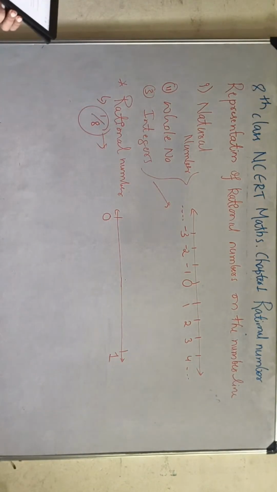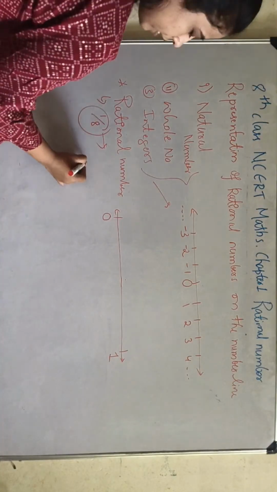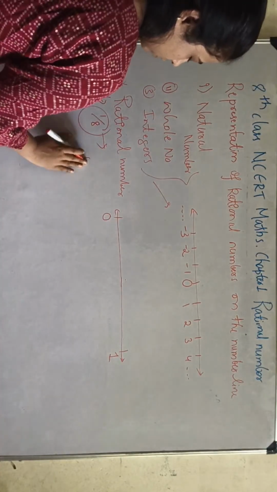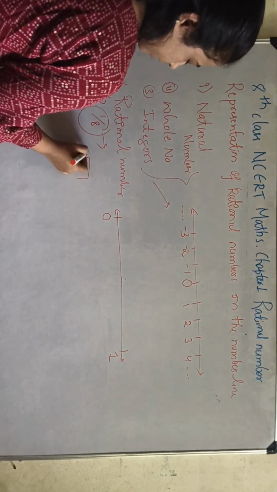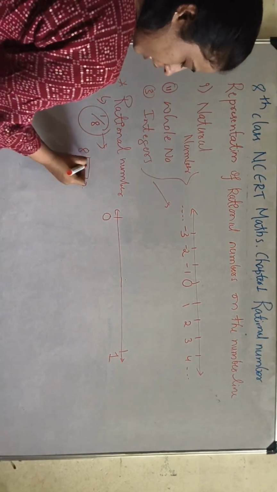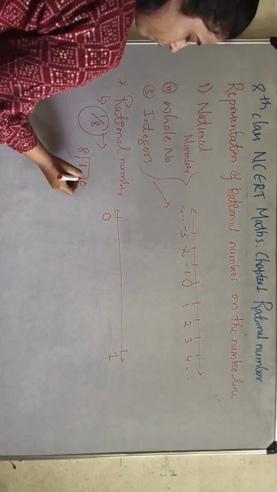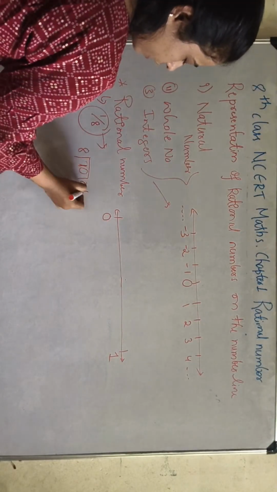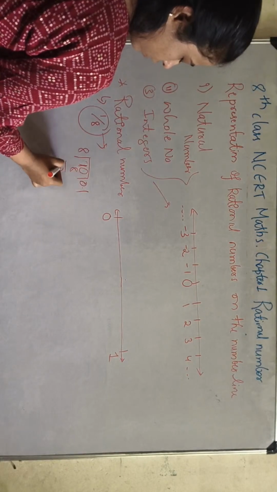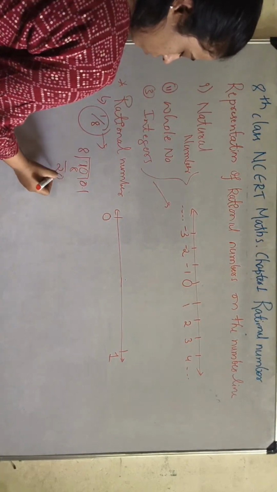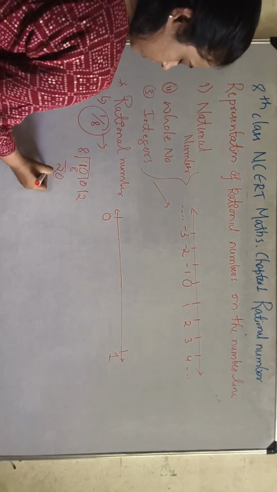Obviously 1 by 8 lies between 0 and 1. Or if you don't see how it comes, just divide like this: 1 by 8. It doesn't go into 1 because it's a smaller number. I will keep the 0 and take the 0 here. In 10, 8 1 is 8, 2 left. Again I will add the 0, 16.